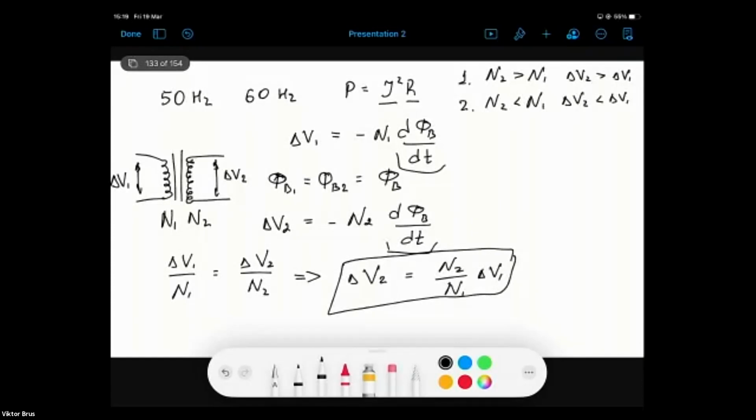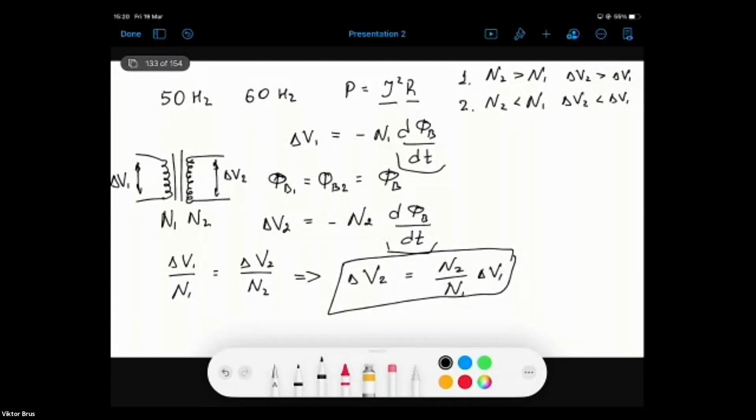And again, widely used because we need to go from this very high voltage in the power grid for transporting energy along large distances to some small voltages which can be delivered to consumers.